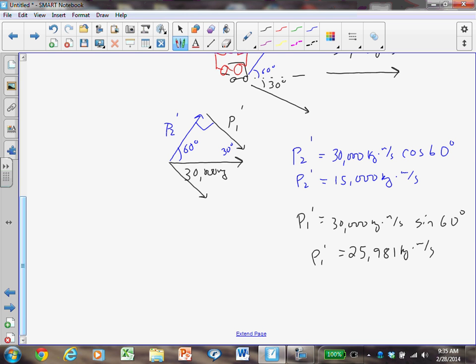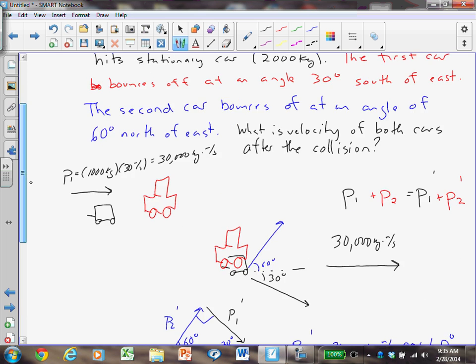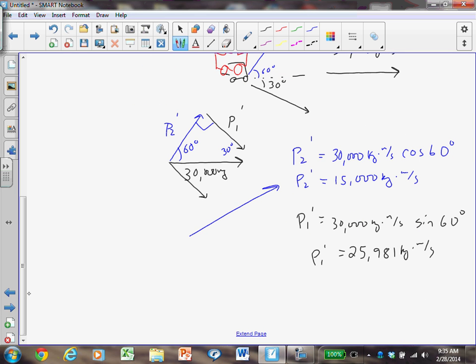It asked for their velocities, though, didn't it? Not their momentums. What do I have to do? Divide by their masses. So this one corresponds to the second car that had a mass of 2,000 kilograms.